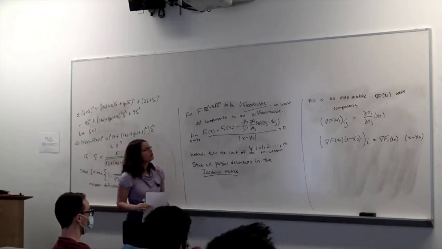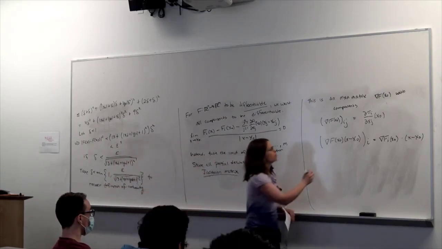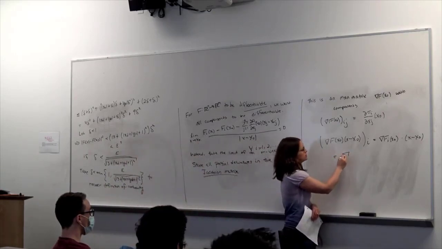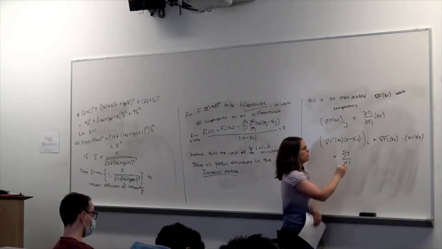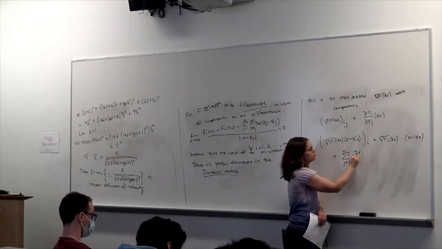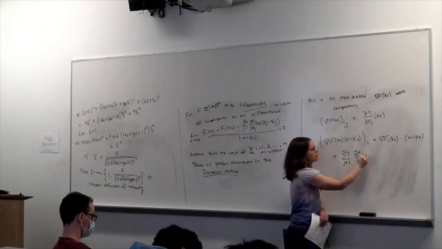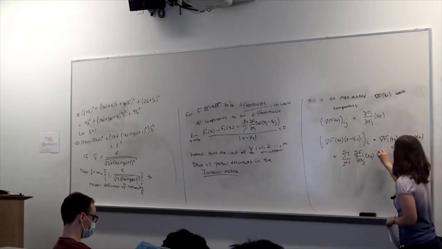All right, and then we stare at that for a second, and we realize, well, what is this? This is a dot product. So this is a dot product from 1 to n of the components of this, which are the partial derivatives of fi, dotted with the jth component of this.